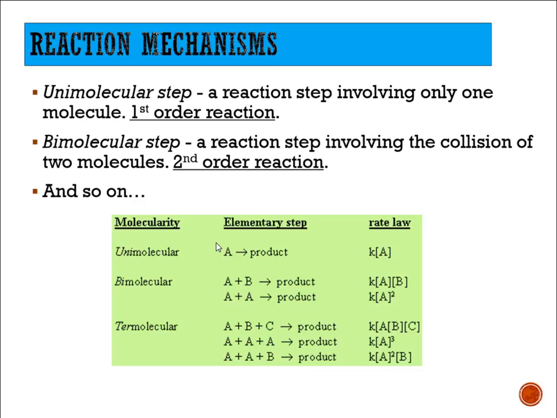And then we have beyond. So looking at the definitions of unimolecular, bimolecular step, we see what we have colliding in order to produce a product in each molecularity. One if there's one, two if there's two, and then so on.